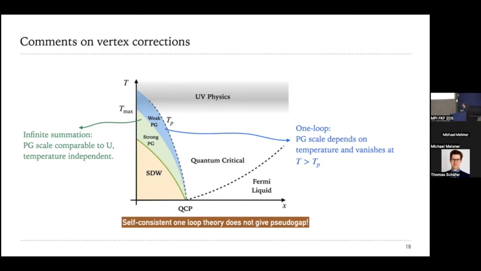And in both calculations, we didn't use any self-consistent one loop. Actually, one can show that the self-consistent one loop doesn't give rise to pseudogap behavior. So the question is how to see the connections between these different methods.